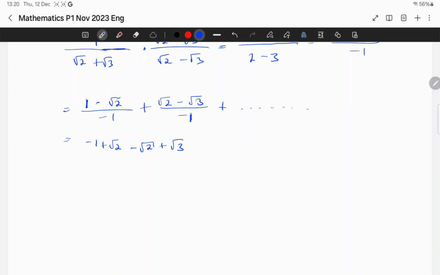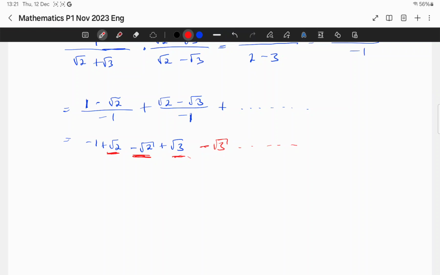Oh, we see now what's happening. This root 2 is being cancelled by this negative root 2. This root 3 will be cancelled by the following negative root 3. And so on. And similarly, the root 4 or 5, they will all be cancelled by the following addition.